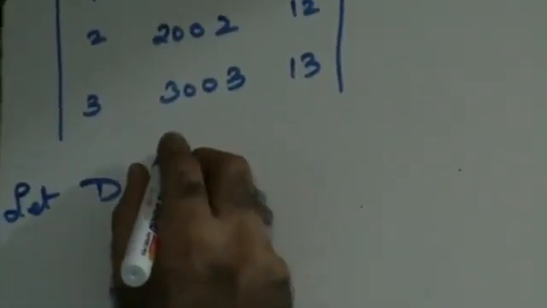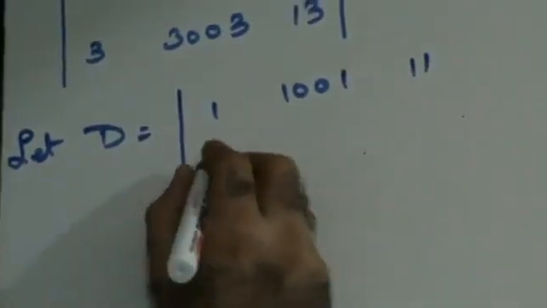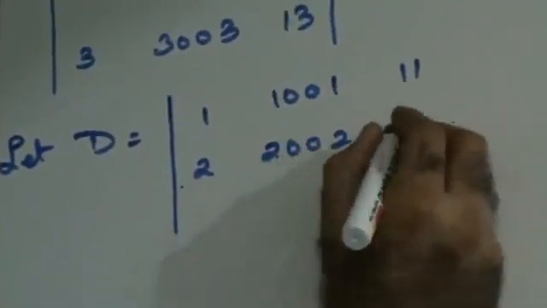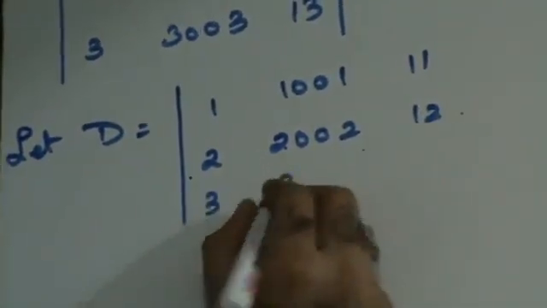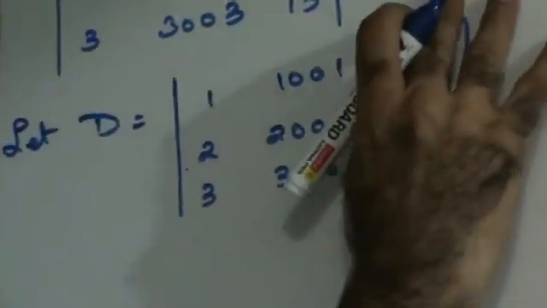Initially assume the sum to be D. Rows: 1, 2, 3; 1001, 2002, 3003; 11, 12, 13. Now what you have to do is, I have to either make two rows or two columns equal.